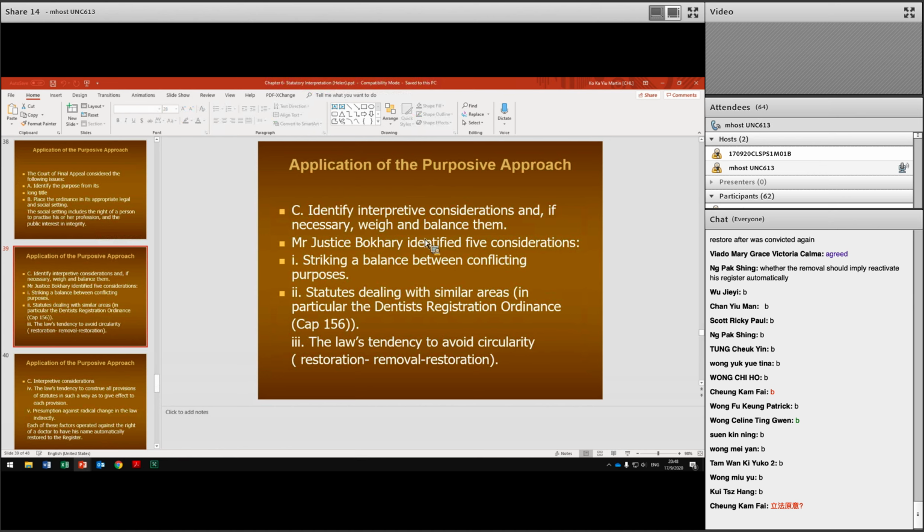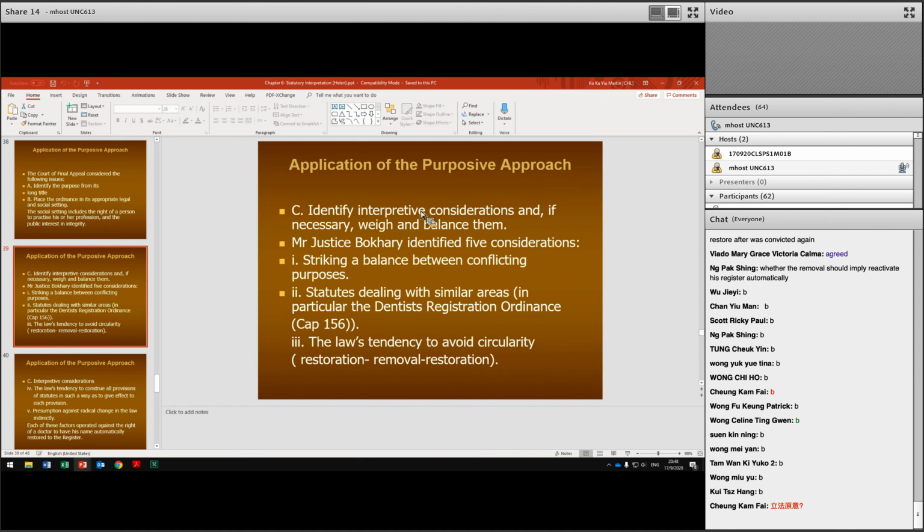So C, identify interpretive considerations and, if necessary, weigh and balance them. First of all, consideration usually means factor. Just like the case when you are going to buy a computer, you have to identify the factors, the considerations you will consider.